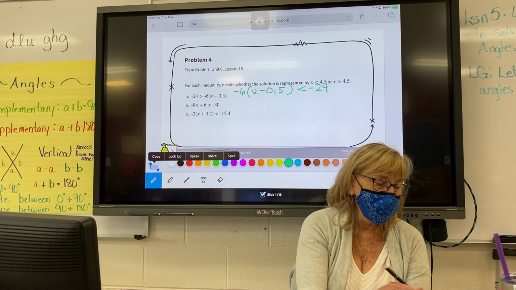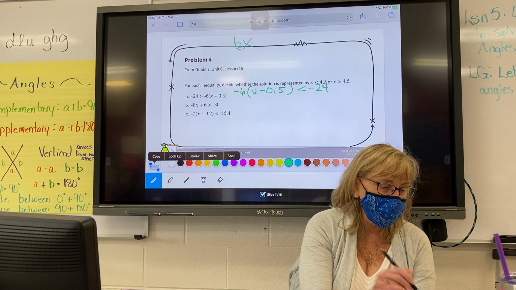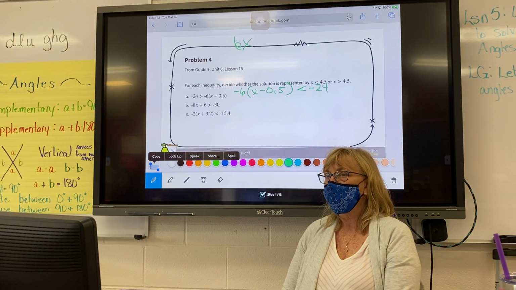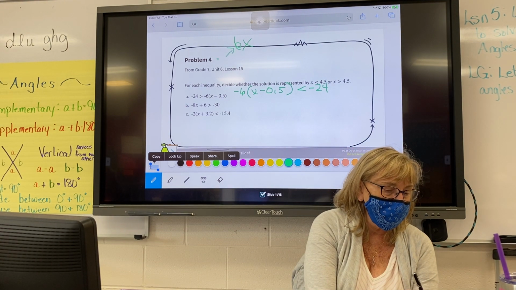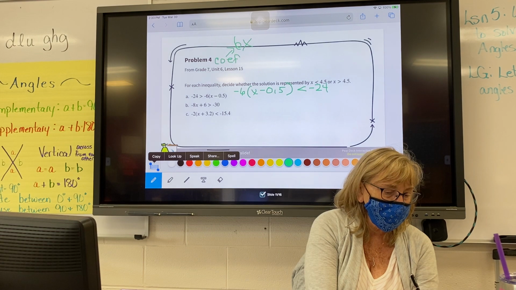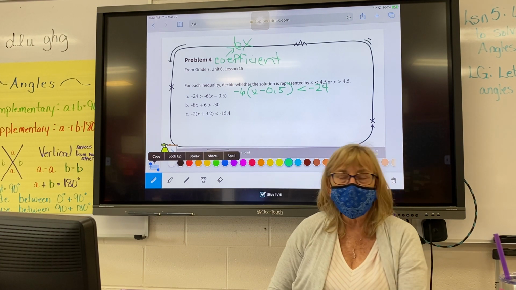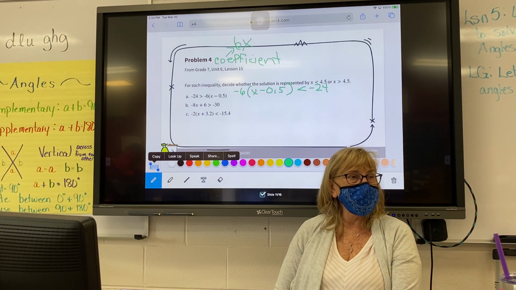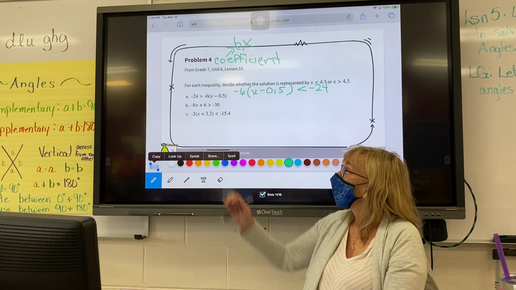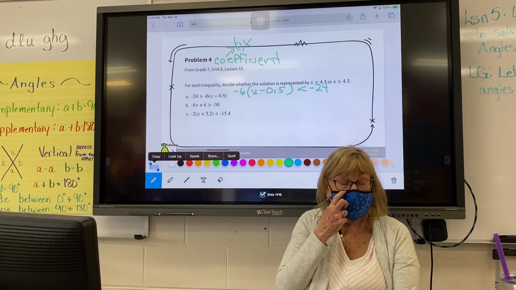If I'm looking at 6x, what's the coefficient? 6. That's the number that is multiplied by the variable. So if the coefficient is negative, the sign's going to flip. Does this one have a negative coefficient?